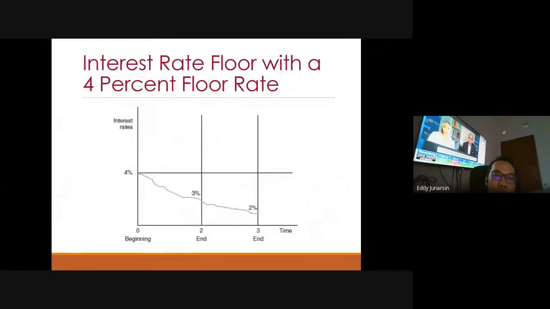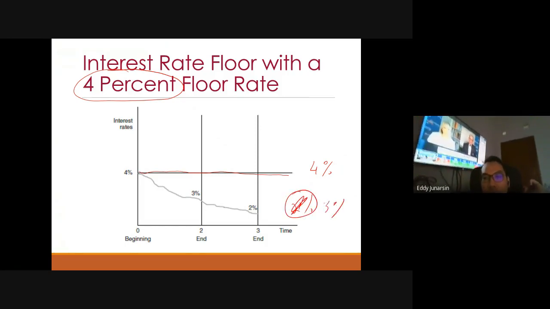It's like this: if you have a floor interest rate of 4%, then you make money if the interest rate declines. So if you long put at 4%, if the real interest rate is 2%, then you get the difference, 2%. If the real interest rate is 3%, then you get 1%, the difference.